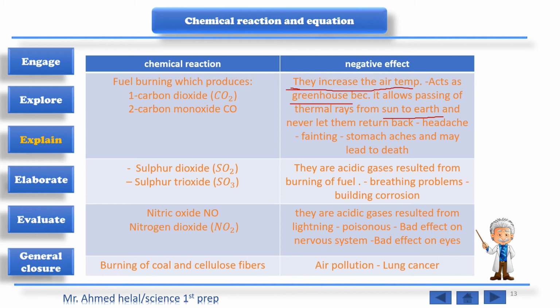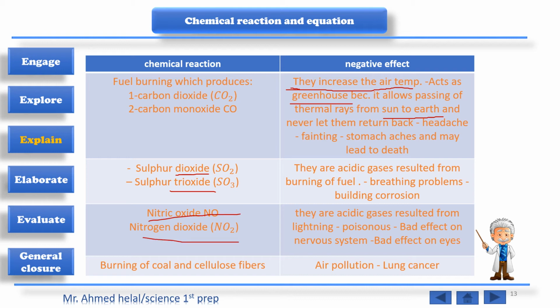And we have sulfur oxides, like sulfur dioxide and sulfur trioxide, SO2, SO3. They are acidic gases resulting from burning of fuel, causing breathing problems and building corrosion. And we have nitrogen oxides like nitric oxide and nitrogen dioxide.